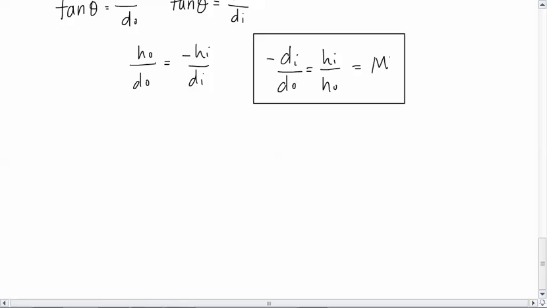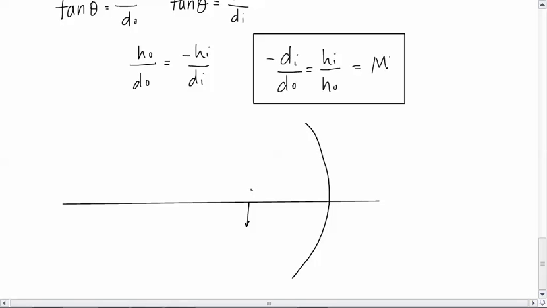Alright, so we should be able to come up with a relationship between the image distance, the object distance, and the focal point. So let's look at that diagram again. Here's our mirror. Let's say this is our image here, and here was the object.